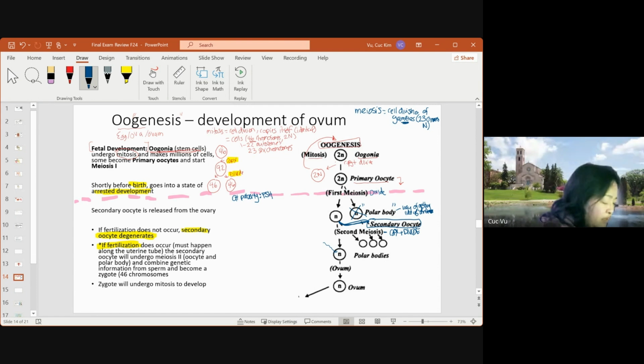So what's going to happen before the chromosomes combine with each other is that ovum is going to copy and divide. Very temporarily, here's the sperm. Here's the ovum. It's going to go from 1N to 2N, and then it's going to divide.